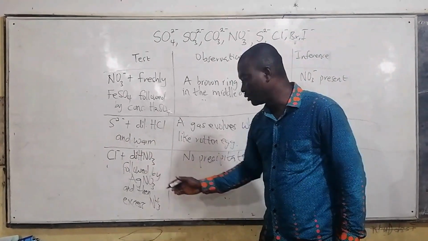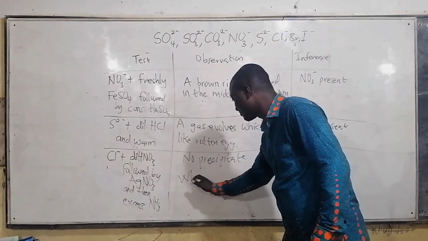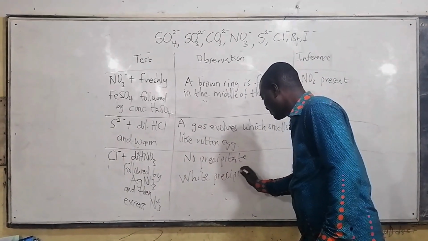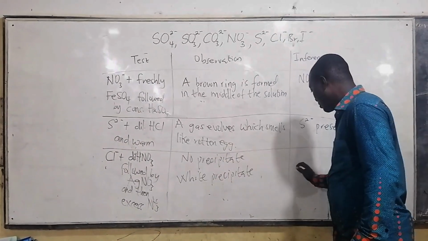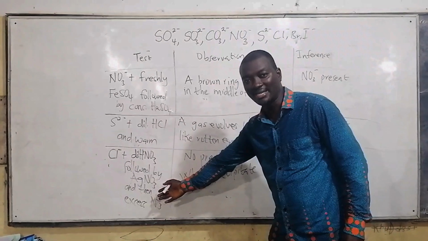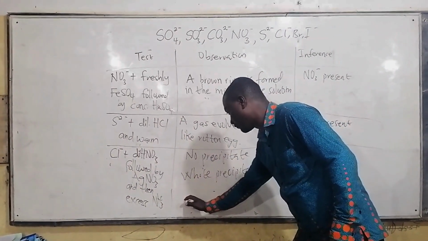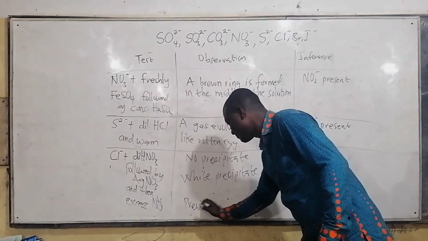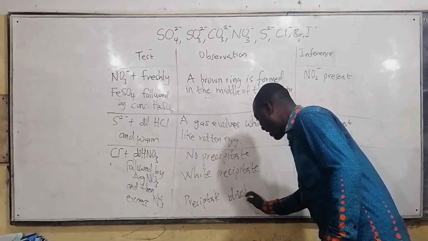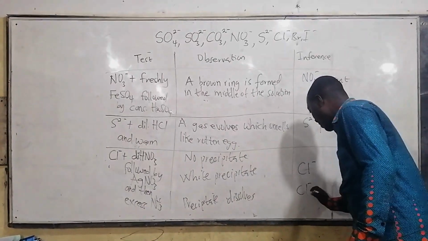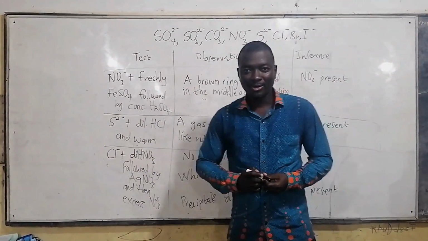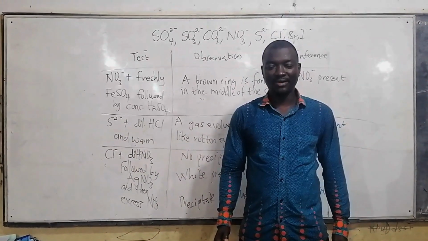But when we add the AgNO3, there will be a white precipitate, implying chloride ions are present. Then when the excess ammonia is added, the precipitate dissolves, implying chloride ion is present. So that will be the end of the identification of the anions.